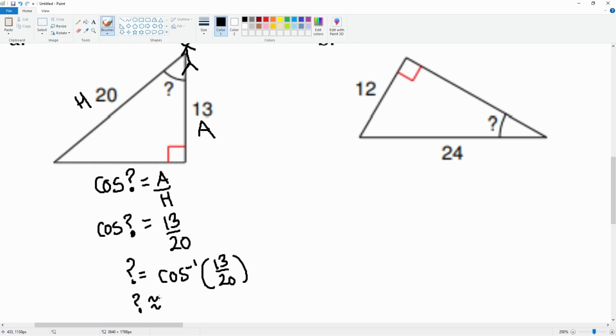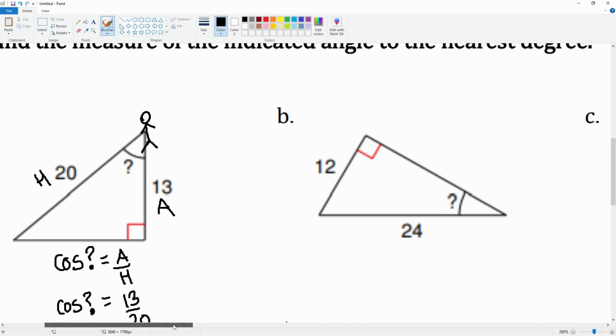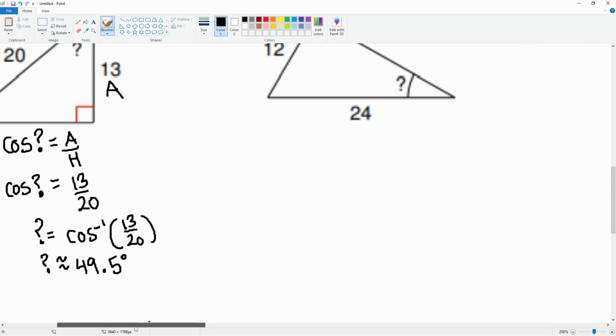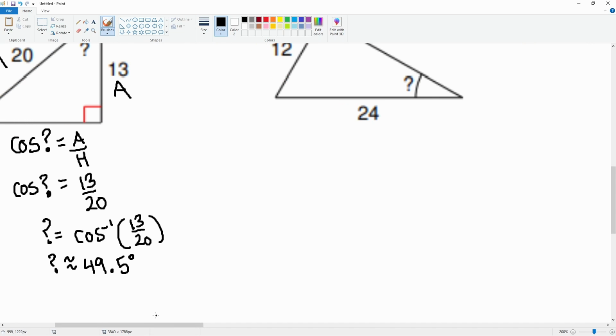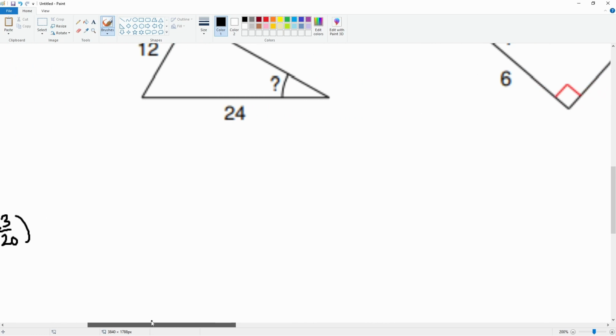That gets you approximately 49.5 degrees. It says round to the nearest degree, so that would be 49.45, 49.0, if that's to the nearest degree.